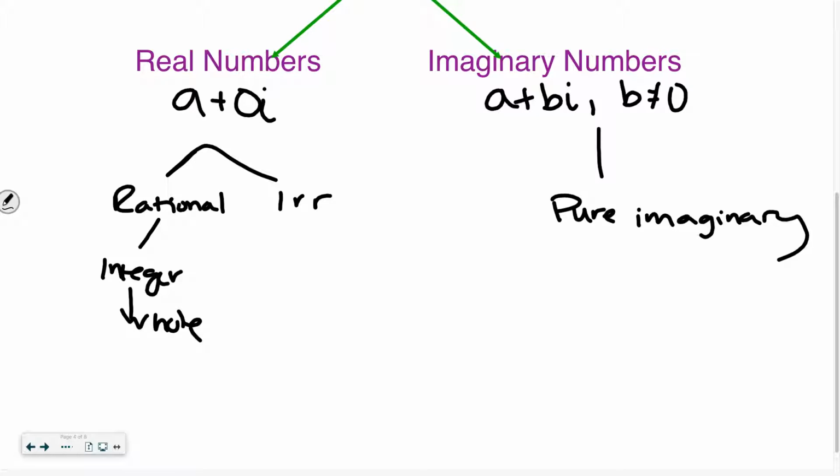It's all imaginary. So pure imaginaries are of the form 0 plus bi. So if you ever see something like 5i or -2i, that's a pure imaginary number.